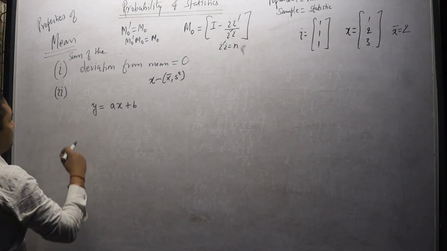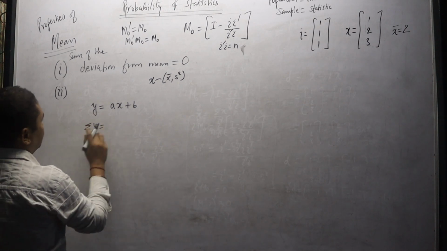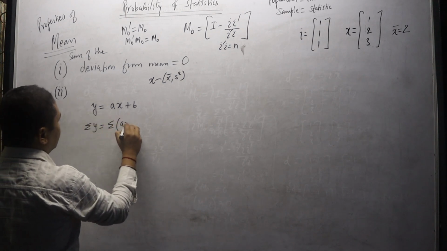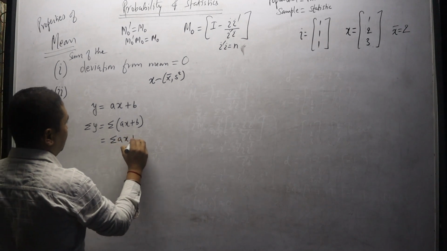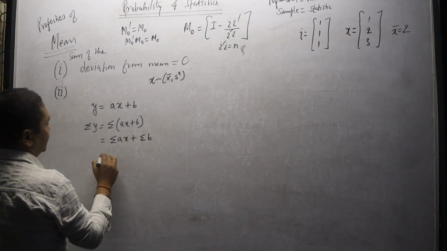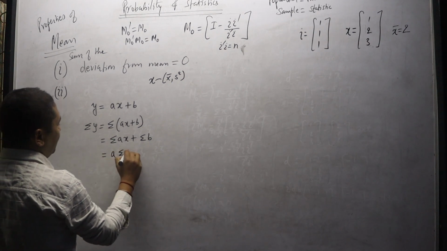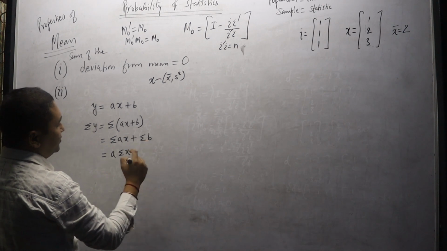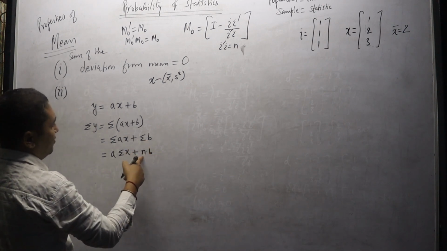To calculate the mean, let us take the sum on both sides. So y equals ax plus b, and operating the summation, we get summation ax plus summation b. As a is constant, we can take it outside and take the sum of x. If we add the constant b n number of times, we get n times b, because this is a constant and we have n number of observations.